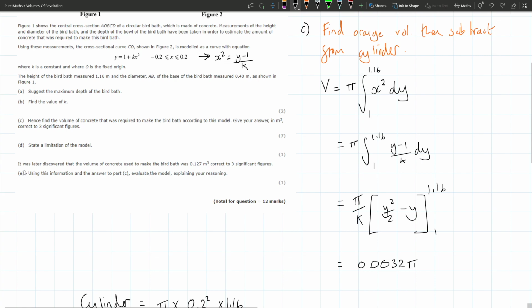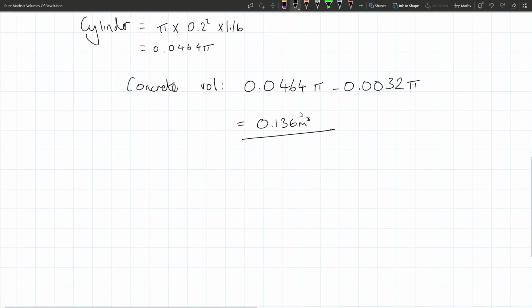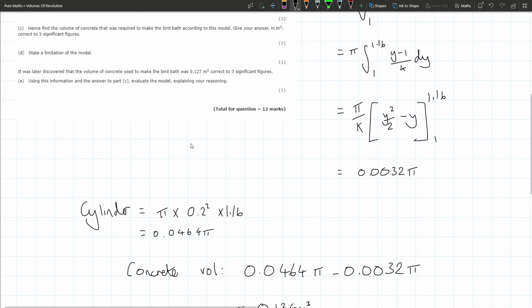And then it's later discovered that the volume was this, correct to 3 significant figures, which is different to what we had. Evaluate the model. Some sort of concrete answer is required, so use information to evaluate the model.